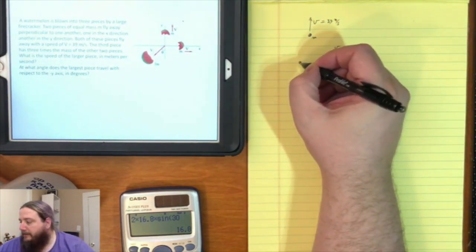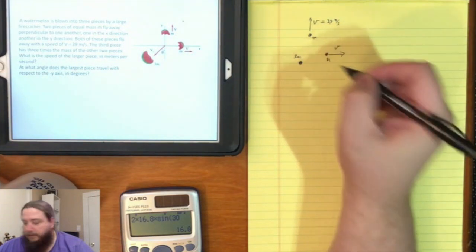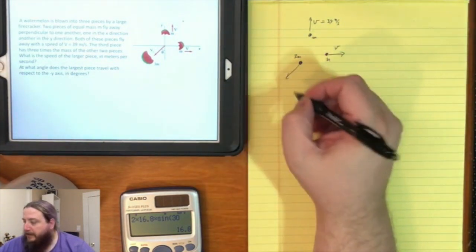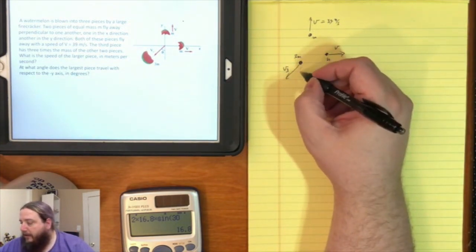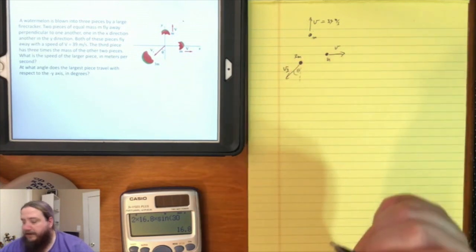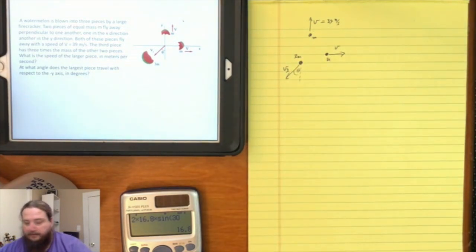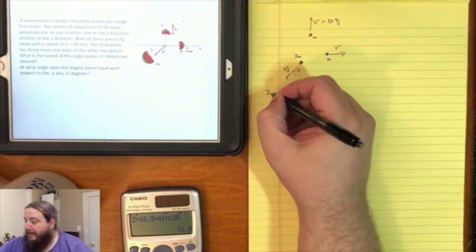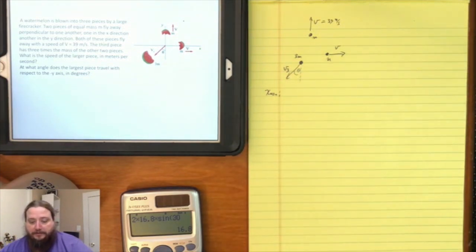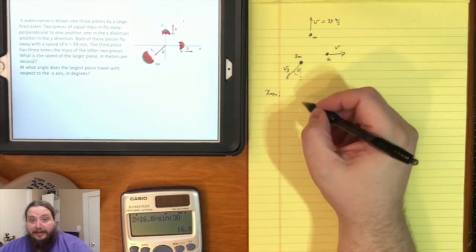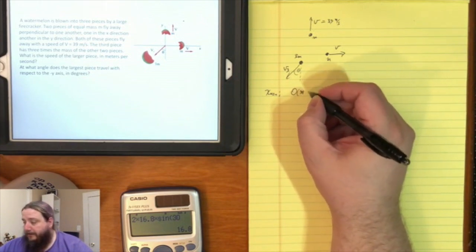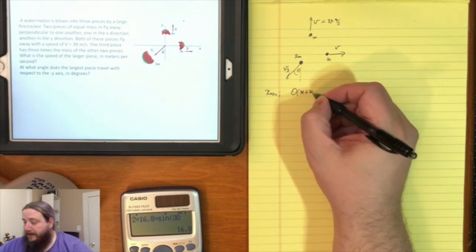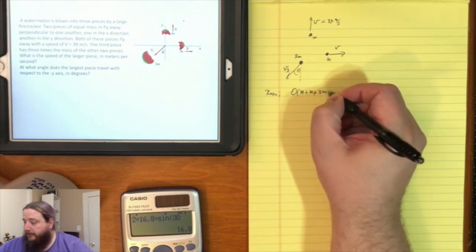And then we have an object here of mass 3m moving at some speed v3 and at some angle theta relative to the vertical axis. All right, so let's look at the x momentum conservation. The initial momentum in the x direction was 0 velocity times the total mass, m plus m plus 3m.